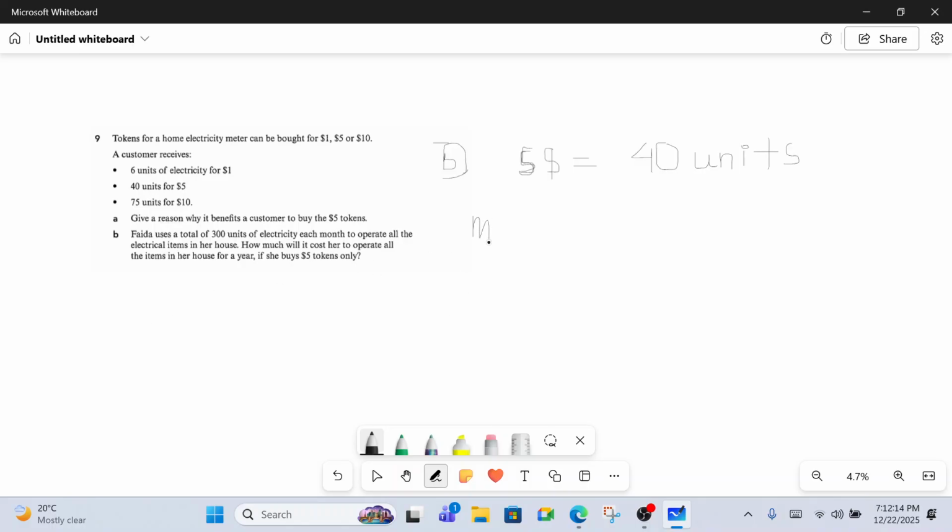So monthly tokens, so how many tokens do we need? Let's just do 300 divided by 40, which gives us an answer of 7.5 tokens.